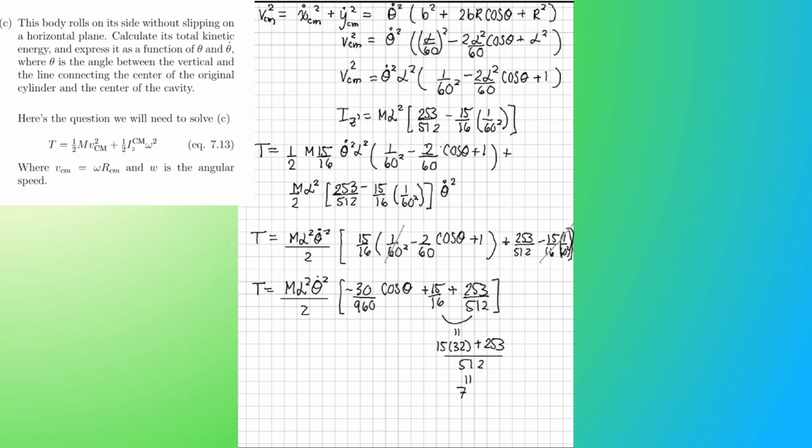This is equal to 733 divided by 515. This we can remove. This is minus 1 over 32 cos theta.